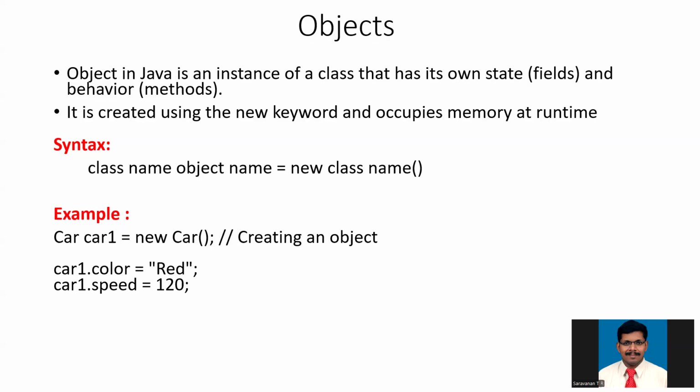When you implement a car as a class, it can create 5 objects, for example. Each object can store different values, and each object can perform different functionalities.